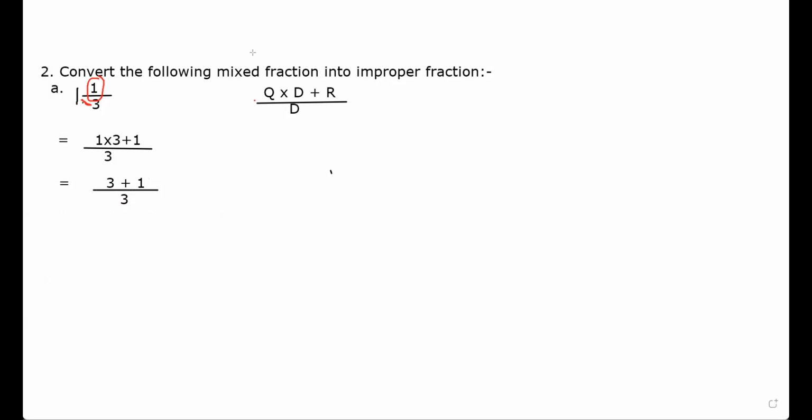And similarly, we have to convert 4 upon 3. This is the answer, my dear students. 4 upon 3. So I think you have understand this. We have to multiply quotient into denominator and then add the remainder. And we have to write the denominator as it is. This is the main key of this conversion.